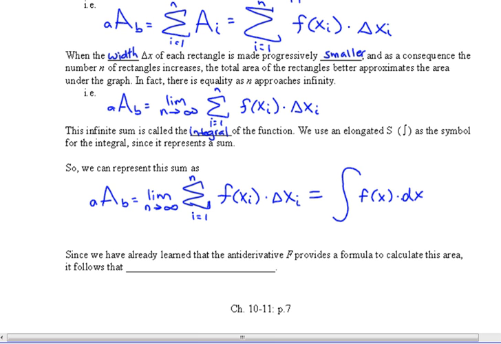And so essentially, area under the curve is still the antiderivative. So it's just a different notation talking about the infinite sum, another way to calculate. So the integral is also the antiderivative.